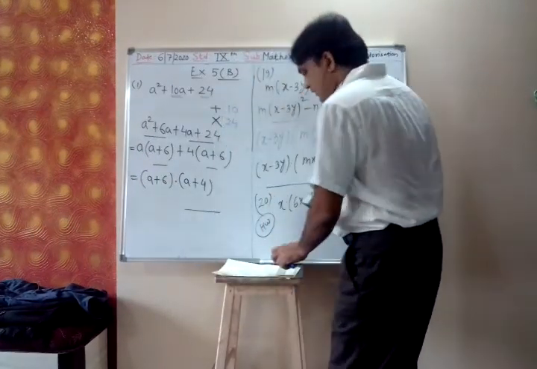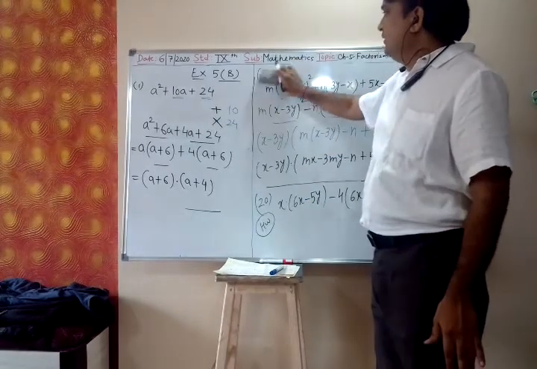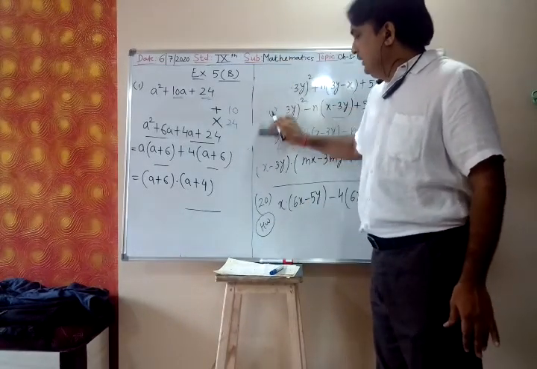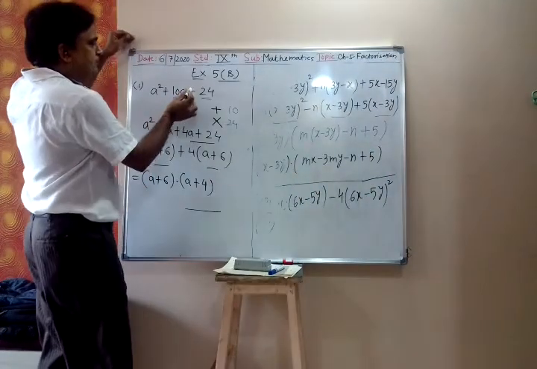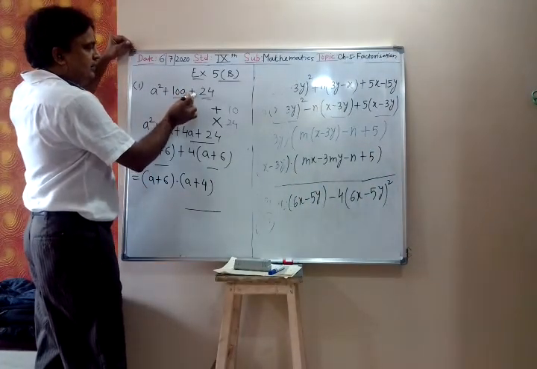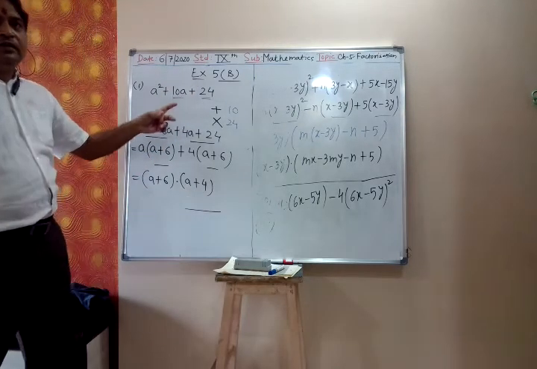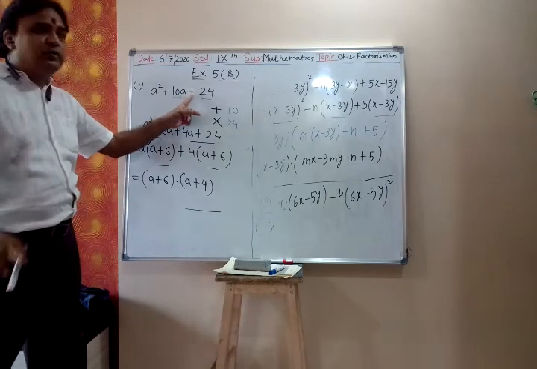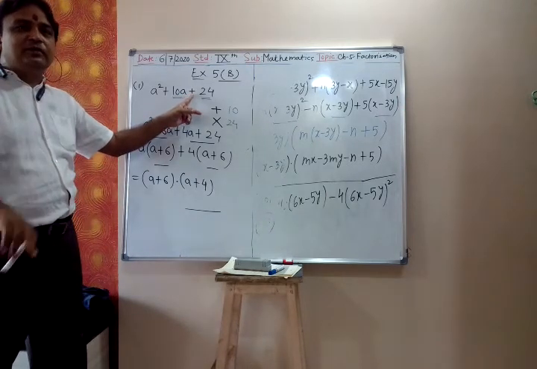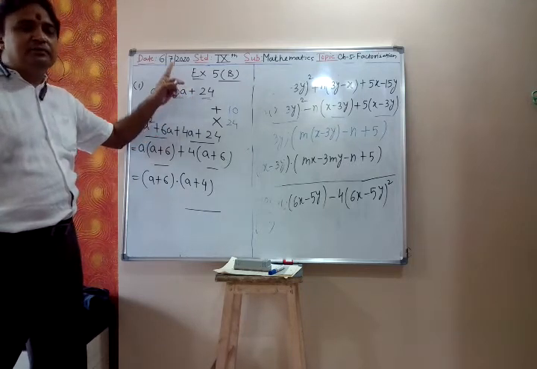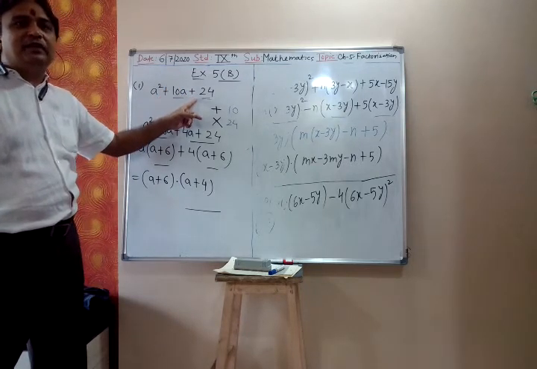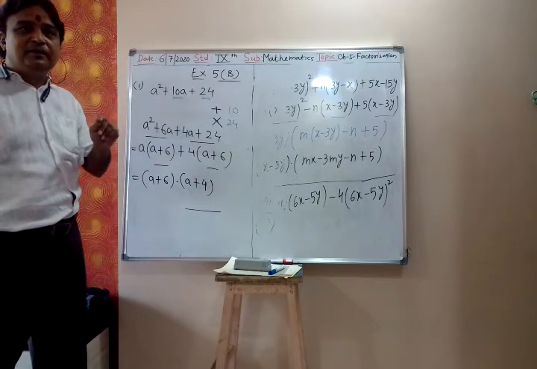See, in the same question, if it is minus 24 instead of plus 24, then I must have taken 12 and minus 2.